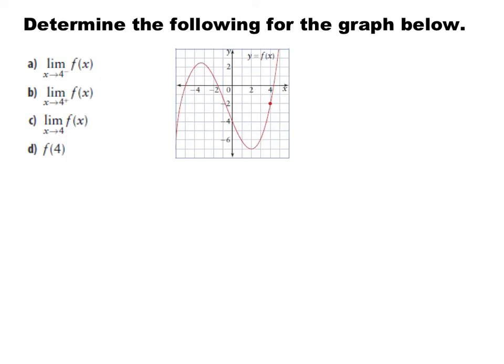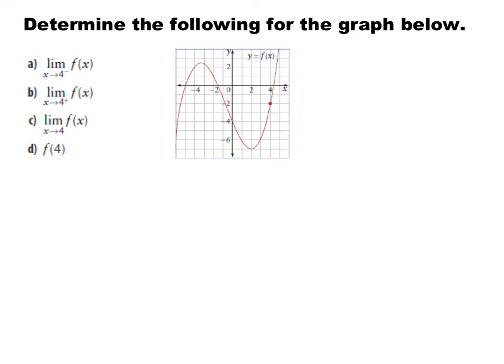The next question is to look at the graph given here and determine the limit of x going to the left of 4, to the right of 4, to the value 4, and the value of the function at 4.